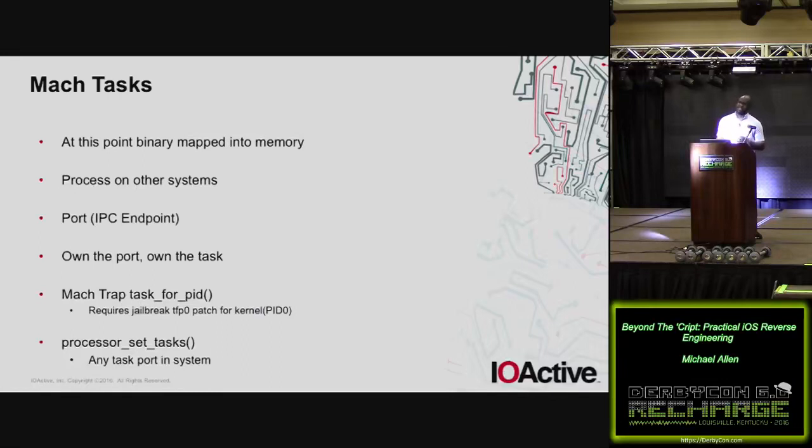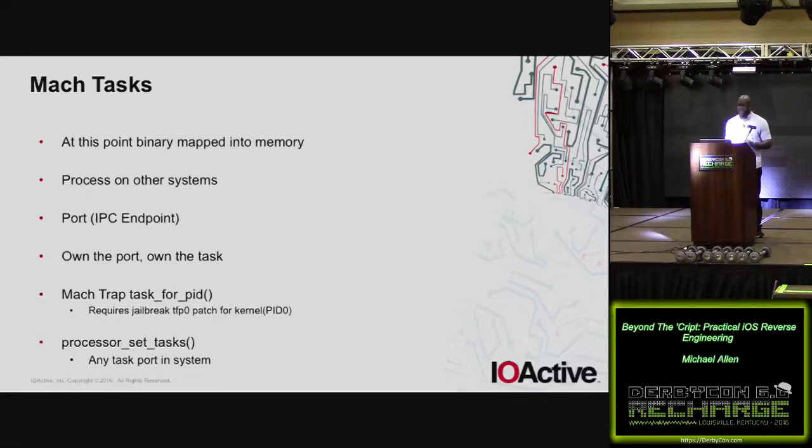To facilitate inter-process communication, each task has a port, and a port is simply an IPC endpoint. The very important point here is if you are able to own that port, you own that process. And by own, I mean you have full control of that process.